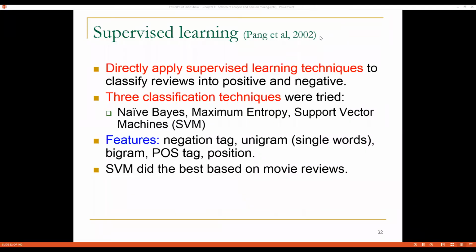Supervised learning techniques have been directly applied to classify reviews into positive and negative. 3 classification techniques have been tried: naive Bayes, maximum entropy, and support vector machines.